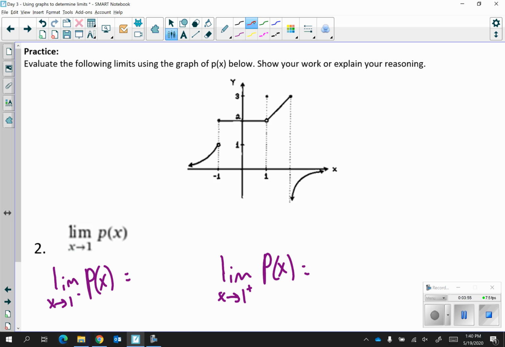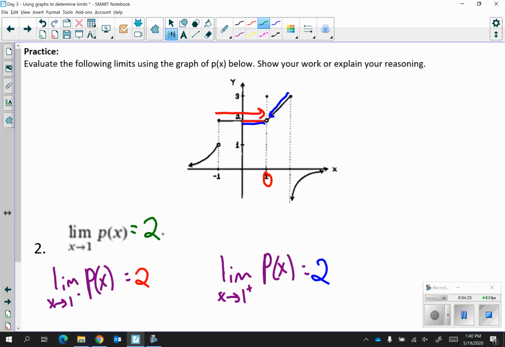As I'm coming from the left-hand side of 1, I get a value of 2. As you're coming from the right-hand side to x equals 1, you still get that value of 2. So we can say that the overall limit as x approaches 1 is equal to 2.